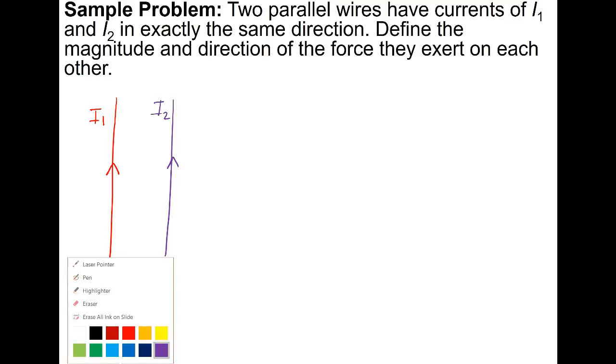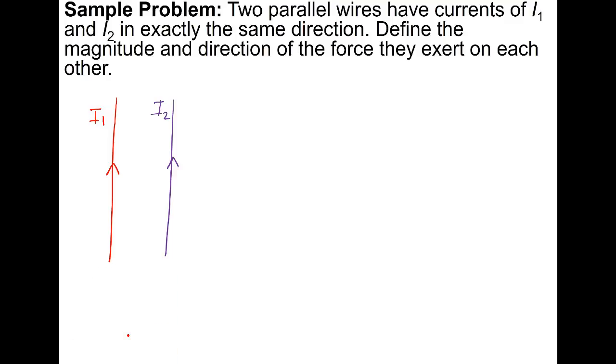Now let's go back to what we just did and let's draw the magnetic field of each wire. So if you think about wire I1, your thumb would be pointing up and your fingers would be curling around that. So that means that on the left side of I1, the field would look like it's coming out. And this would be what we call B1.